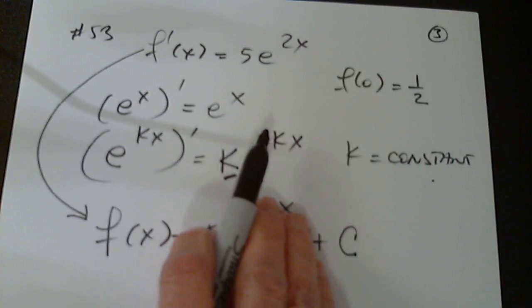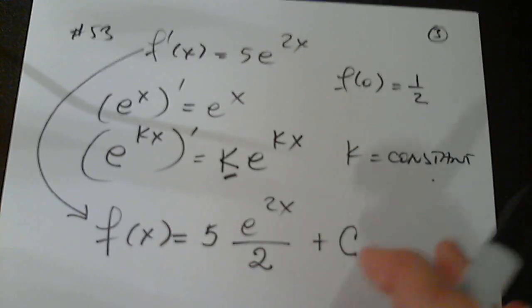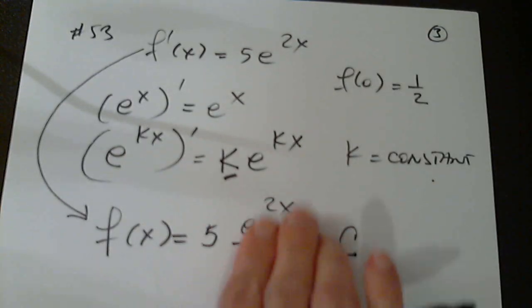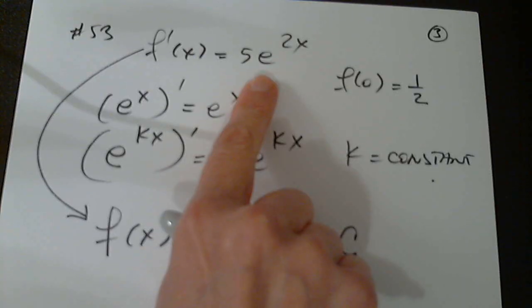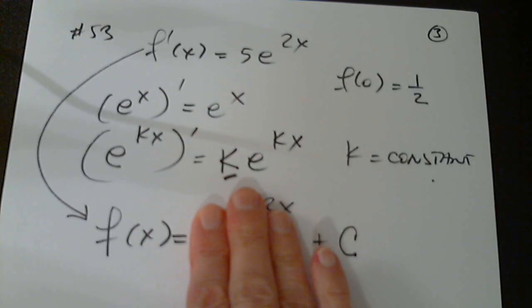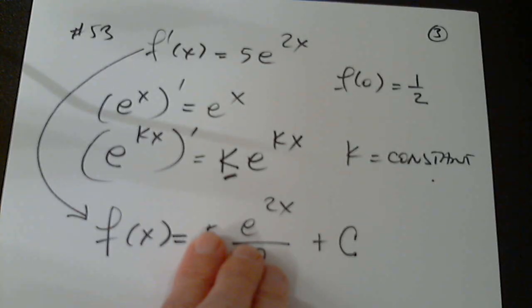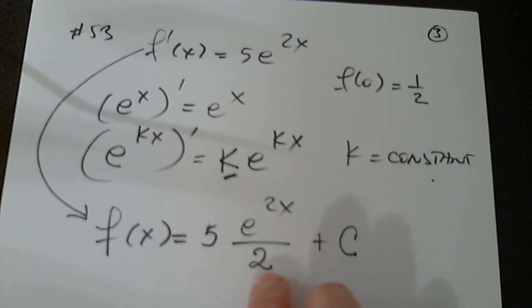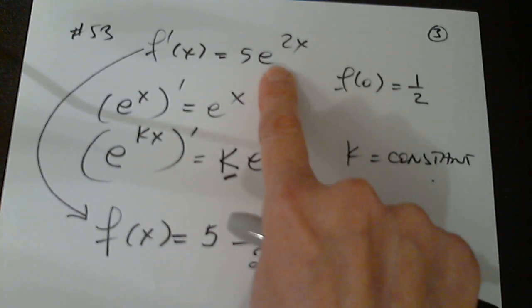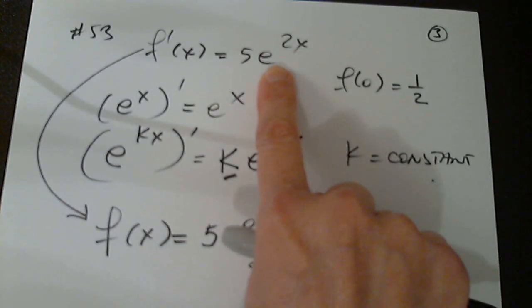So when I differentiate this piece, of course, c prime is 0. So when I differentiate this, I have to get that. If I don't, this is wrong. So 5 and 2, that's fine. When I differentiate e to 2x, I get e to 2x times 2. That simplifies with the 2 in the denominator, and that's how I get that.